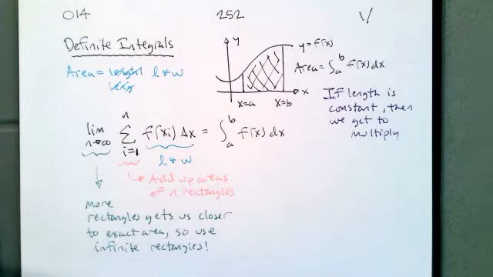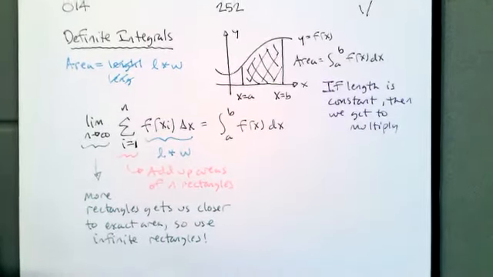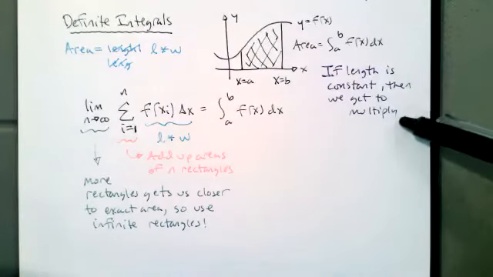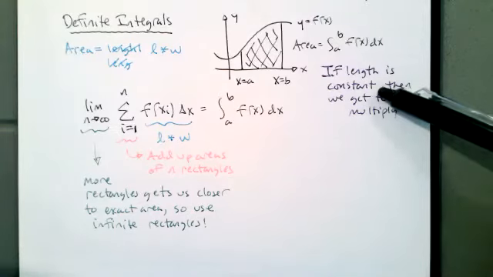If doing something more often gets you closer to where you want to be, then do that thing infinitely many times. Multiplication is our fast addition, but only works when everything is the same.